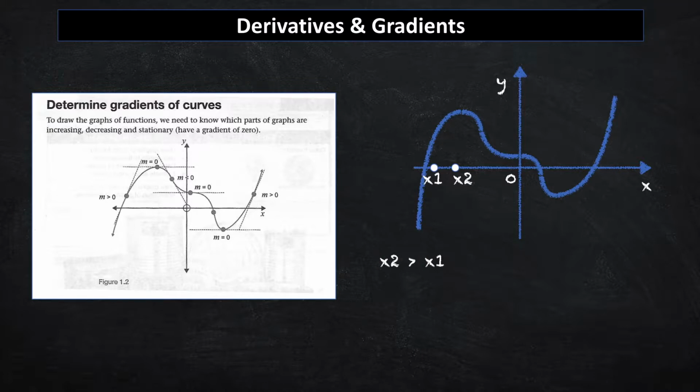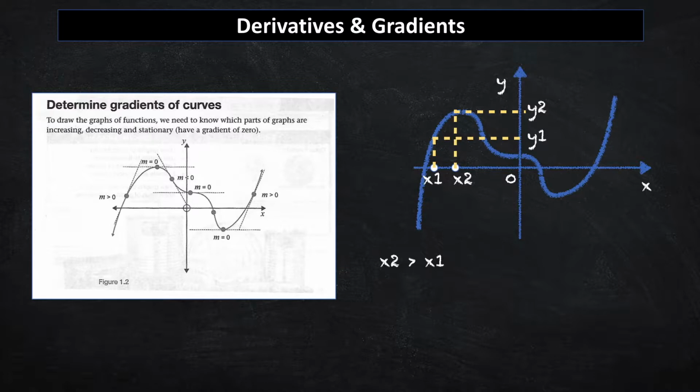Now we find the corresponding value of x1, so we draw first a vertical line starting from x1 that goes till it touches the curve, and then from that point on the curve we draw a horizontal line till we find the y-axis. The value of y in that point is y1. We do the same with x2 to find y2.